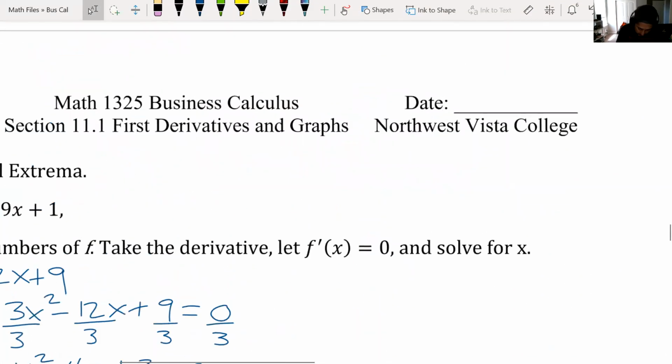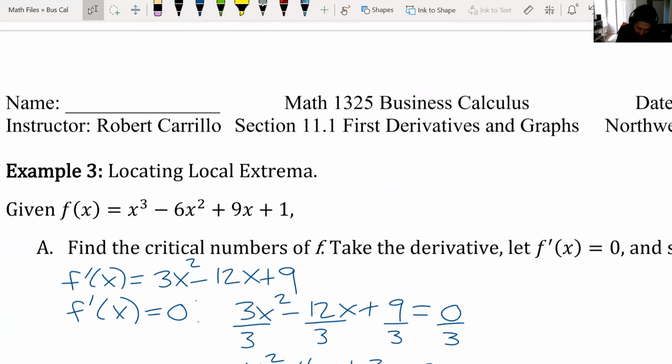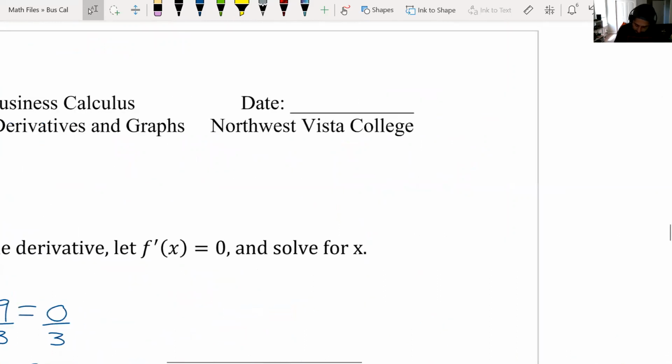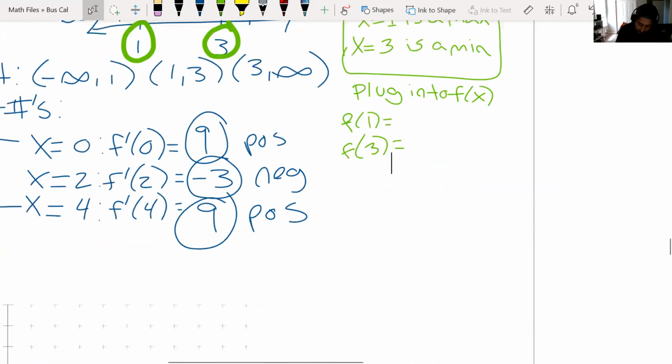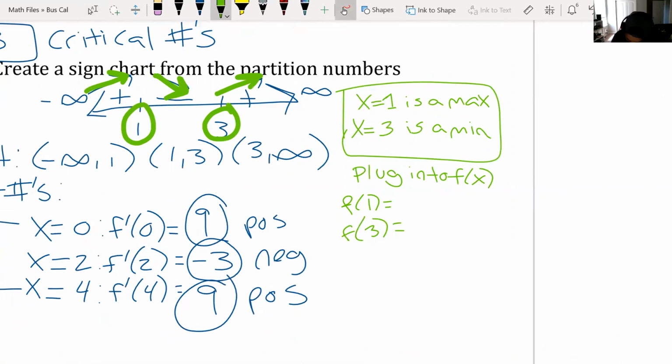Let me see, 1 minus 6 plus 9 plus 1. Yep, that's 5. So f of 1 gives me 5. If I type in 3, I get 1. What this means is that (1, 5) is going to be our max, and (3, 1) is going to be our minimum.